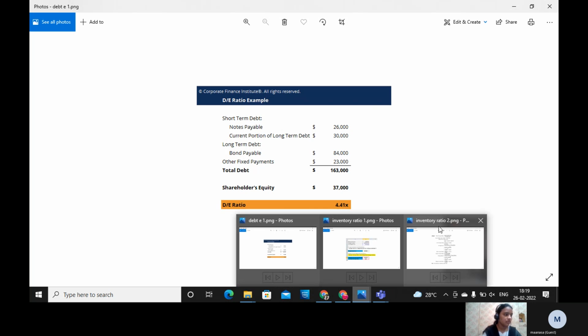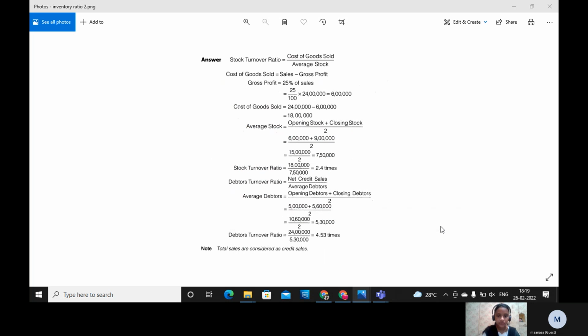Another example would be the stock turnover ratio: cost of goods sold by average stock. In this sum, the cost of goods sold is nothing but sales minus gross profit. Gross profit is calculated as 25% of sales. The sales is 24 lakhs, so 25% of 24 lakhs would be 6 lakhs.